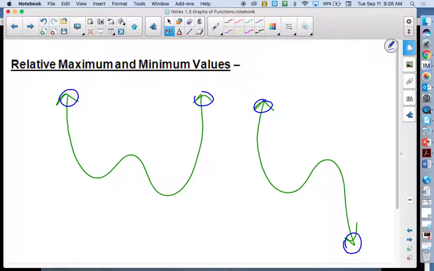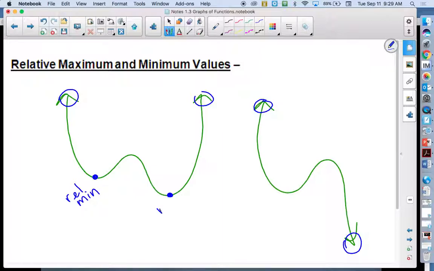However, a relative max and a relative min are the more interesting points of the graph. So those would be either the lowest or the highest points of that curve in your graph. And there could be multiple relative max and mins. So here we would have a relative min because it's the lowest point of that curve.